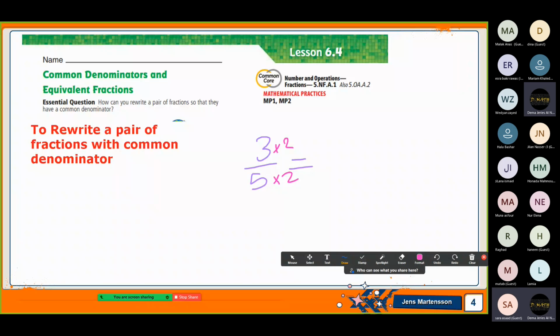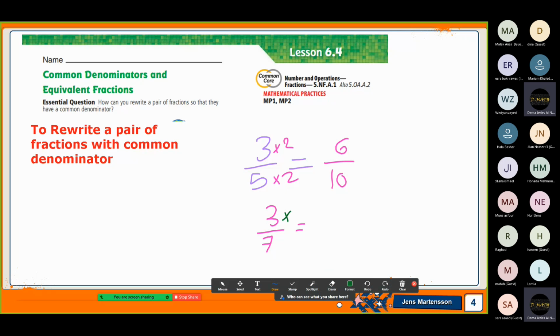So 3 times 2 is 6. 5 times 2 is what? 10. So if I give you now 3 over 7, who can tell me how can I rewrite a new fraction that's equal to the original one? What do I have to do here? We have to multiply by 2 again. Let's say by 4 as an example.